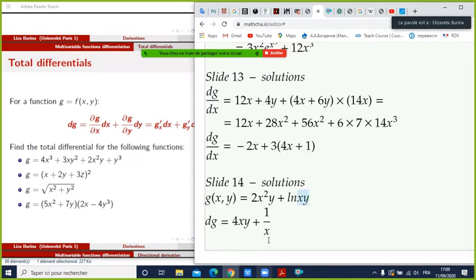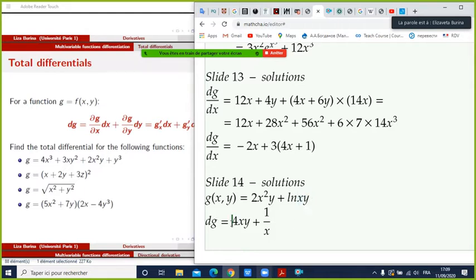They cancel out. It's not difficult to guess, because this logarithm can be split into a sum, ln x plus ln y. If y is a constant, ln y is a constant, and its derivative is 0.